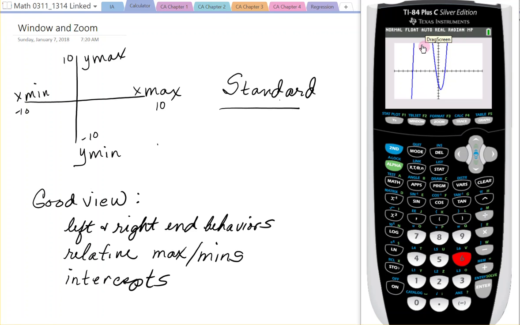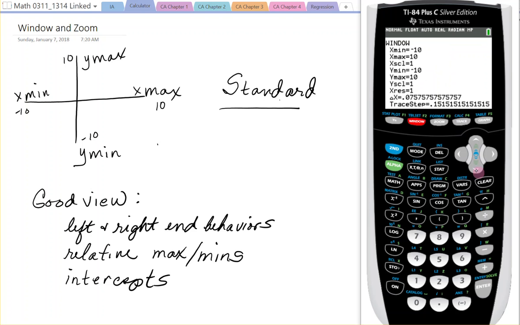It is a maximum. There is a top to this, and then it will come back down. So I will go back to window and go down to Y max, and let's say I do 20. Let's see what it looks like.